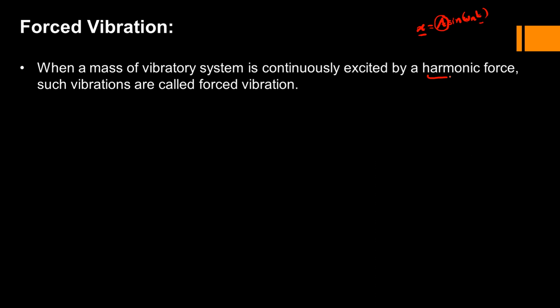Similarly, for the harmonic force acting on the mass during vibration, its magnitude F is given by F = F0 sin ωn t. F0 is the maximum value of the force, and F is the value at any time t, changing with respect to time.